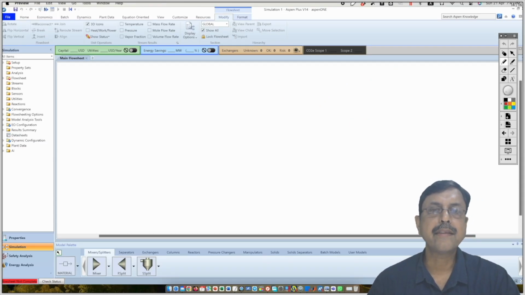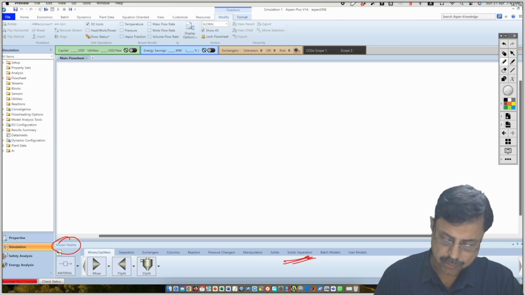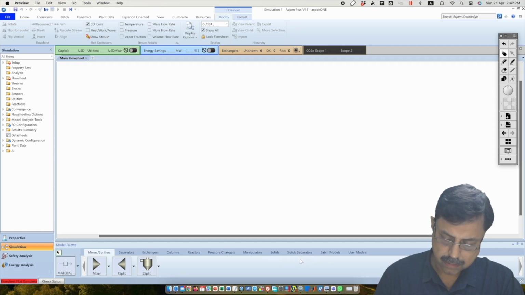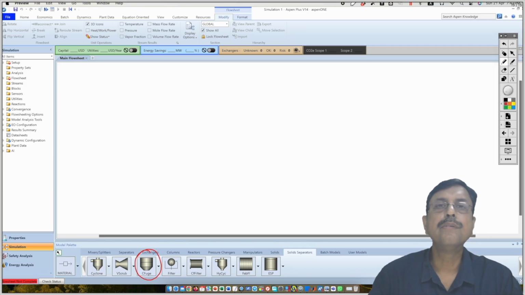So this is the Aspen Plus simulation window. You will find the centrifuge in the model palette. You have to go to the solid separator, and over here, this is the centrifuge.